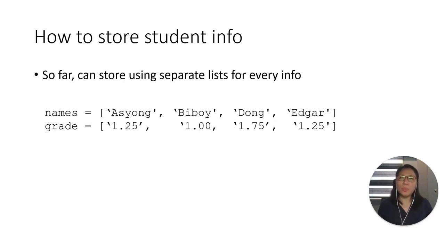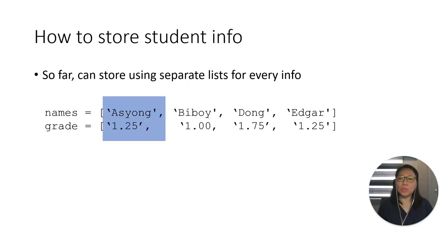Well, so far, all we can use probably is lists. So we may have a list of names and a list of grades, and we just have to be careful in inserting elements into the list, or in adding elements to the list.